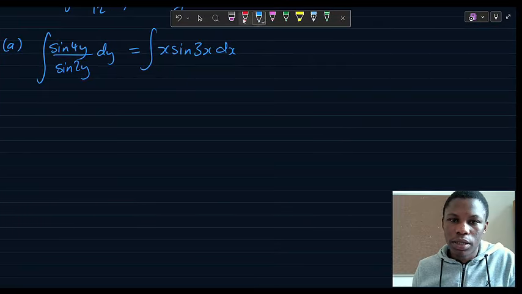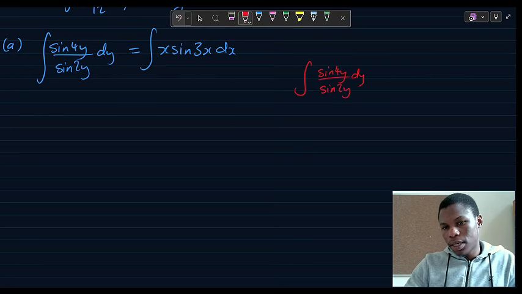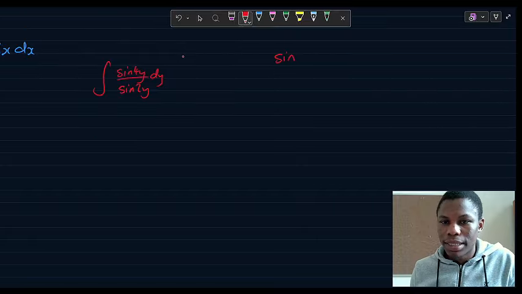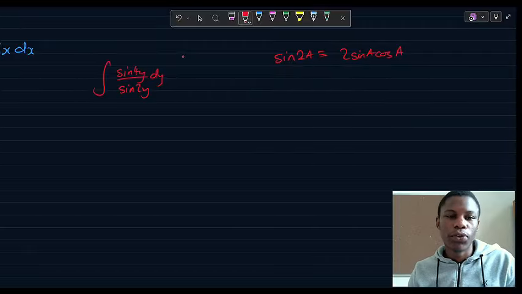If we focus on the left-hand side for now, we're looking at the integral of sin 4y over sin 2y, with respect to y. If we go to the MF19, we know that sin 2a is identical to 2 sin a cos a, and this is a double angle formula.